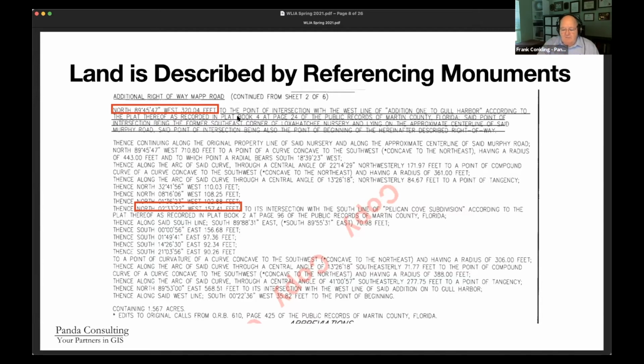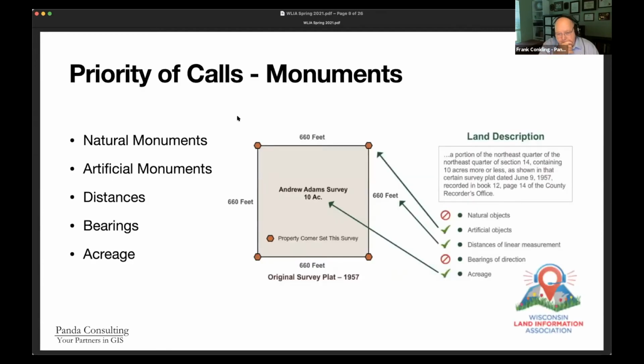It is always the monuments that you're looking for, to the point where if you have a series of calls inside of a legal description, there's a priority of what actually holds.